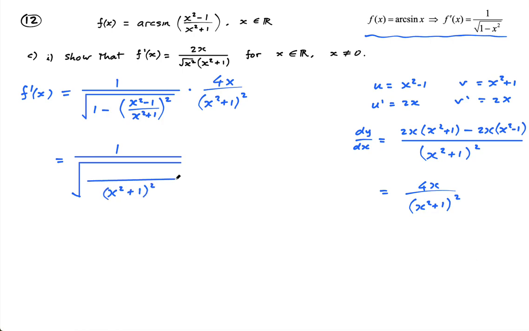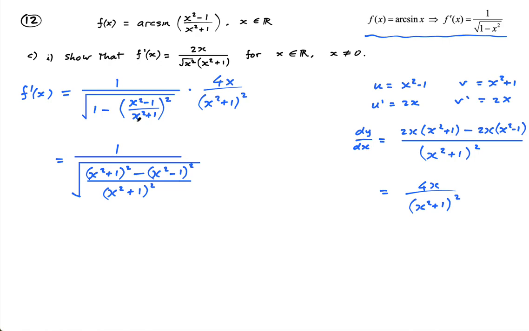And then that means I need to multiply this by x squared plus 1 squared. And this is fine, it's minus x squared minus 1 squared. Okay, hopefully that makes sense, guys.